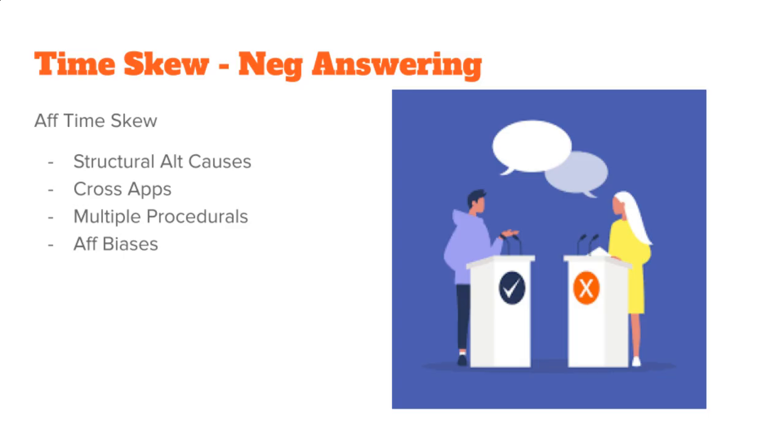Multiple procedurals might still be somewhat damaging and you can always get there some way, or other inherent AF biases that you might look at from topic data or things like that. These are things you want to use globally to respond to this, and generally control the framing that whatever your offense is will be a much larger and more important thing than a little bit of time skew here or there.